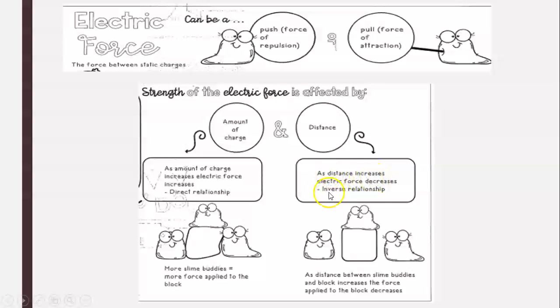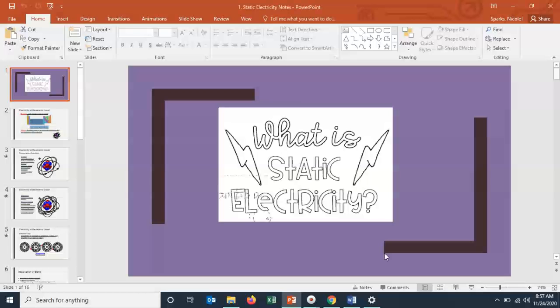And as the distance increases, the electrical forces decrease, meaning that if you have objects that are further apart, so we've got our picture here, their distance has changed, meaning that there's not going to be as much of a force acting on them because it's been spread out further and further. And so we're going to demonstrate what some of this looks like as we move through the next couple of days, showing how electrical currents can cause different types of scenarios. So hopefully this was helpful.